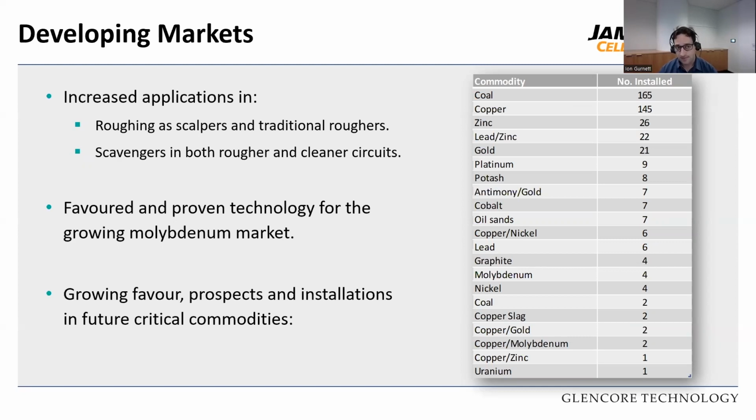We have seen a lot of interest in moly due to the high kinetics that occur within the downcomer. We've seen great success, and I will touch on some information later on. We are also really seeing a lot of intake on those future critical commodities, i.e. the battery metals. As a bit of a summary, I've put all the different cells and number of cells we have in each of the fields, and it really highlights what was discussed on the previous page.